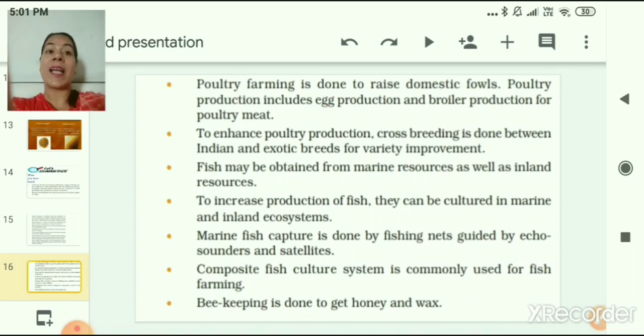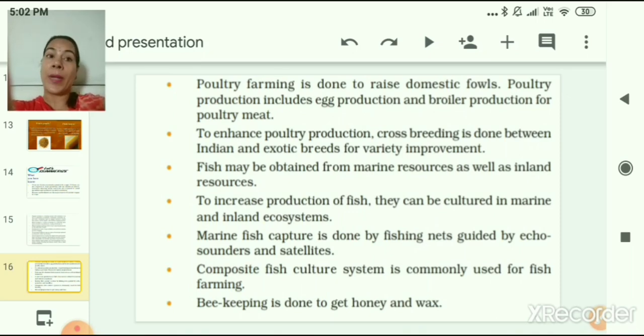Poultry farming is done to raise domestic fowls, and poultry production includes egg production and broiler production for poultry meat. To enhance poultry production, crossbreeding is done between Indian and exotic breeds for variety improvement.